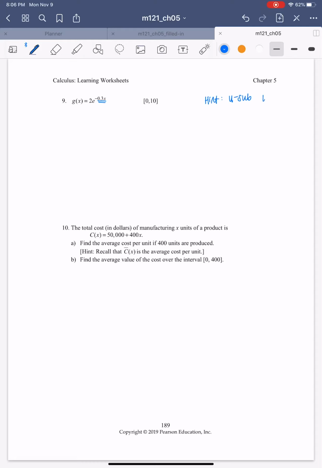So it's very obvious that you're going to put negative 0.3x as u. But you do the same thing. It's not a bad one to integrate. At the end, your average value will end up being, here's the setup, 1/(b minus a), the antiderivative from a to b of g of x dx. So you end up having 0.63.